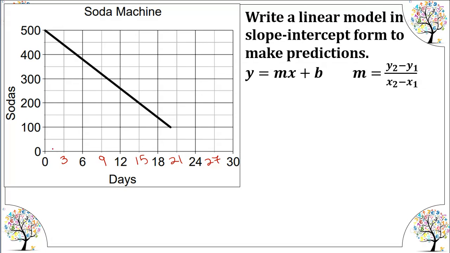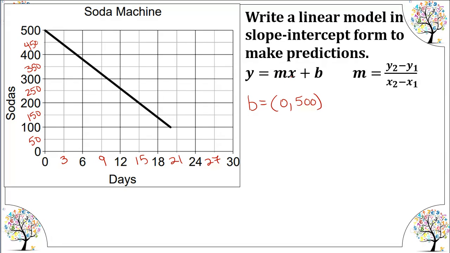And then our number of soda cans, we can see the maximum amount of soda cans is 500. So the initial amount of soda cans when filled is 500. So this is our initial value. Now the slope is going to be negative.